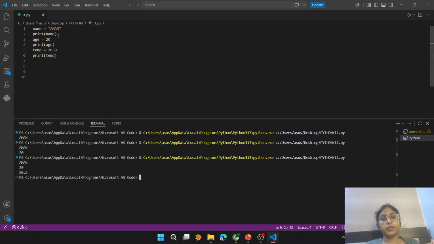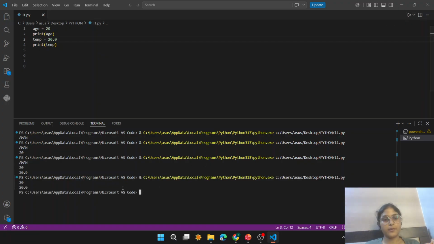Now you can see this. Both are numbers, I'm not denying it. The only difference is, let's do it with this. Both are numerical values, but the only difference is this is an integer and this is a float.